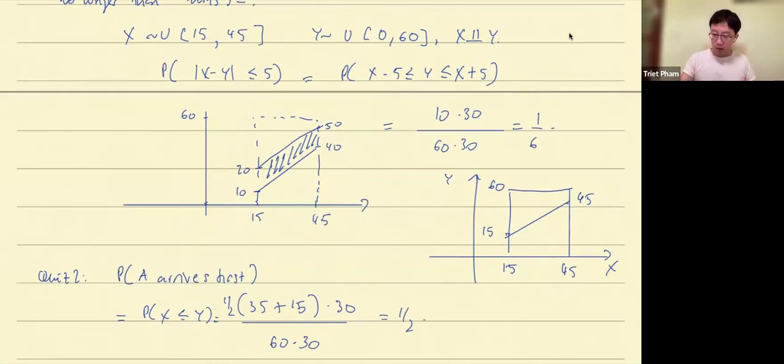Again, the point here is about translating an English expression into mathematical language and then translating that into some sort of geometrical consideration. I emphasize that this is a convenient approach when we have a jointly uniform distribution. If you have actual densities where things change from one location to another, then obviously area won't work.